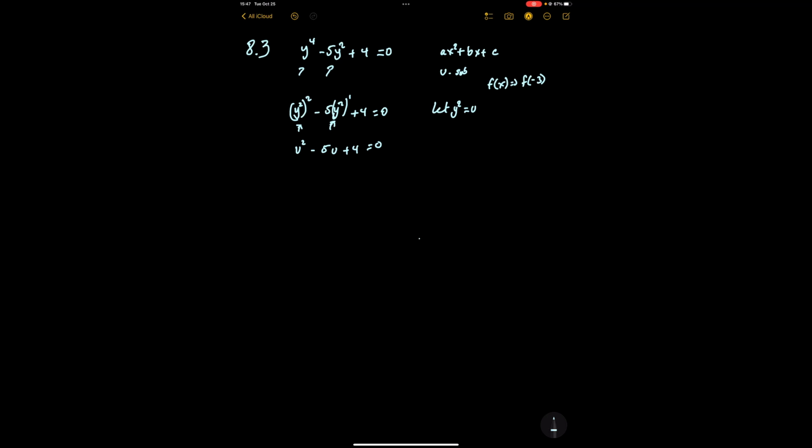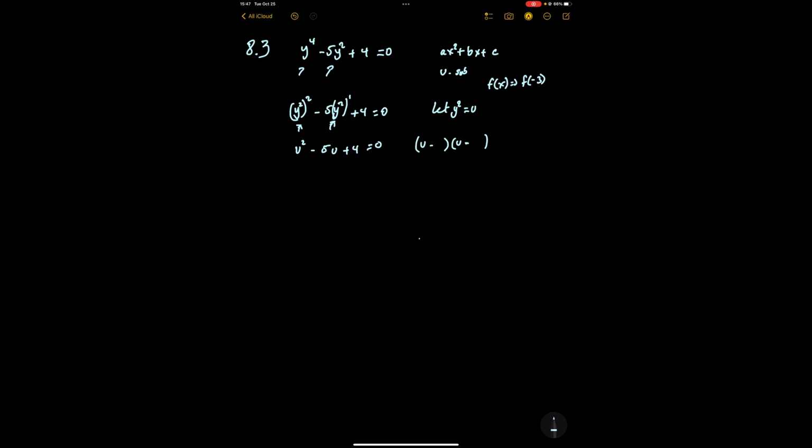So what would that be now? Well, we can do the factoring, or we can do the expanding, or we can do the quadratic formula. So let's try factoring first. Let's say we have a u here and a u here. I'm going to say minus and minus, and what numbers when you multiply together give you 4?